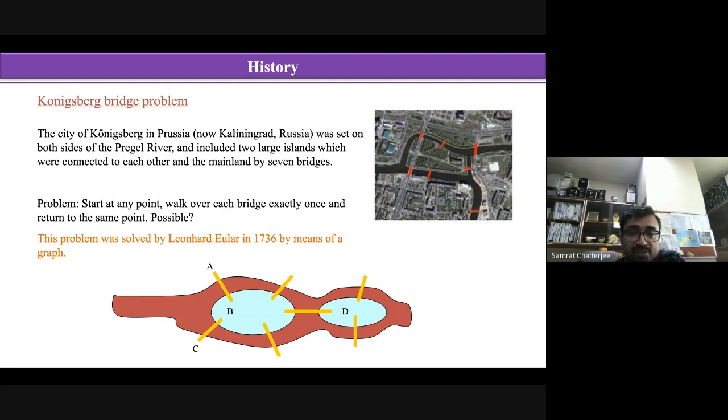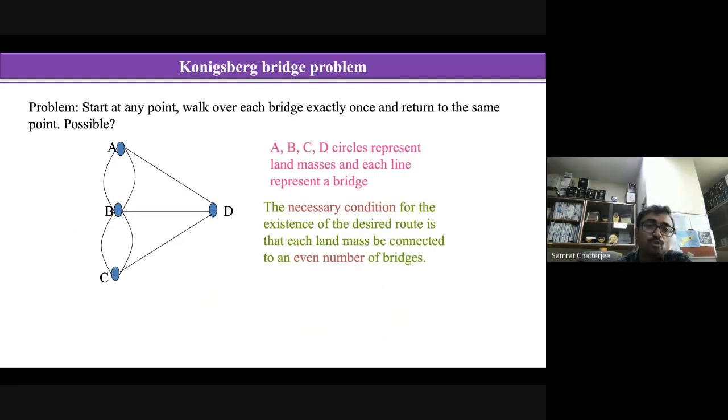Later, in 1736, Euler solved that problem, and you can think of that as the first graph network analysis. He put the problem in this form, where he put the bridges as the edges, and the points where these edges are connecting as the nodes.